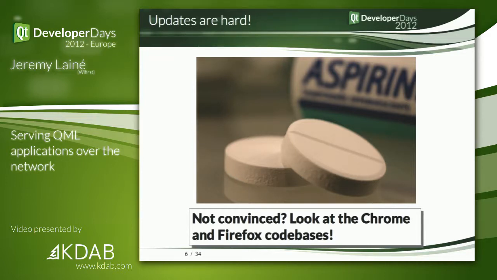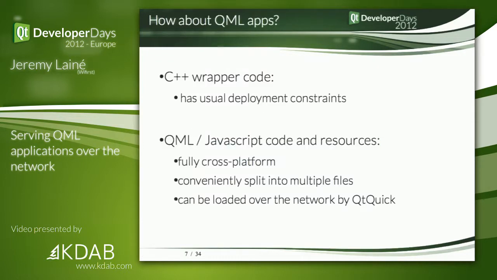So is there something different which we can do in the case of QML apps? The typical anatomy of a QML application is that you'll have some C++ code, which is the wrapper that instantiates your QtQuick view. This is native code, and you're going to have the usual deployment constraints.